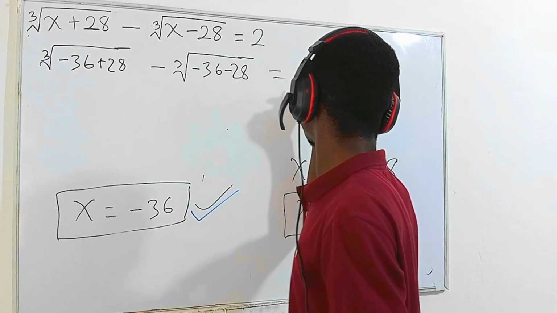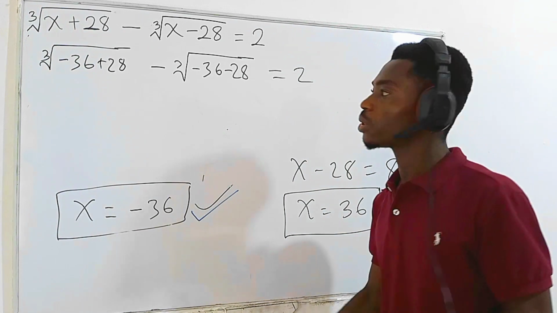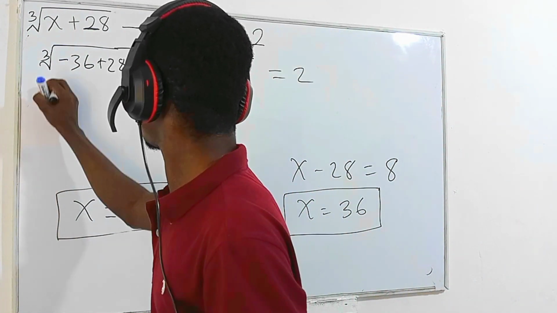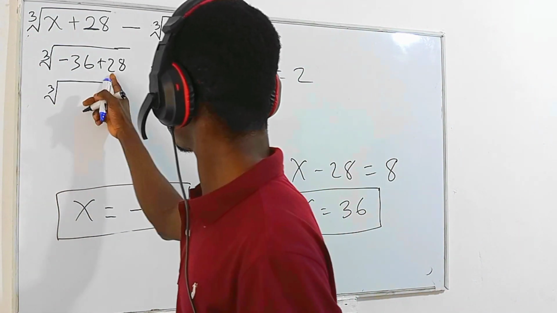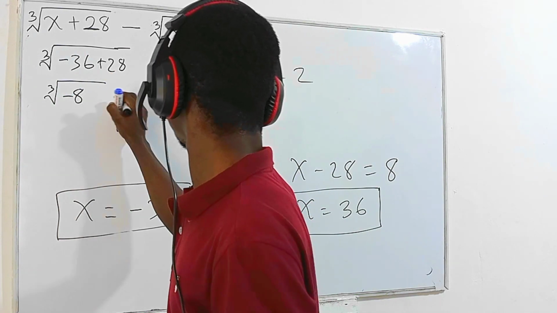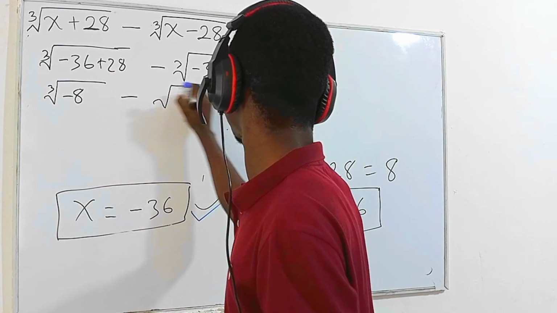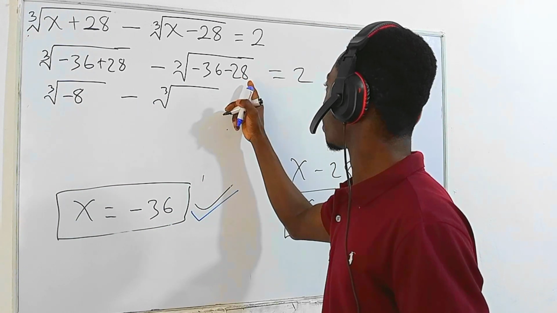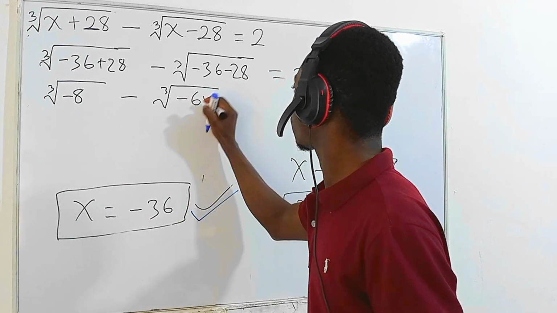And we are just checking to see whether this will be equal to 2. So we have cube root of negative 8, then minus cube root of negative 64.